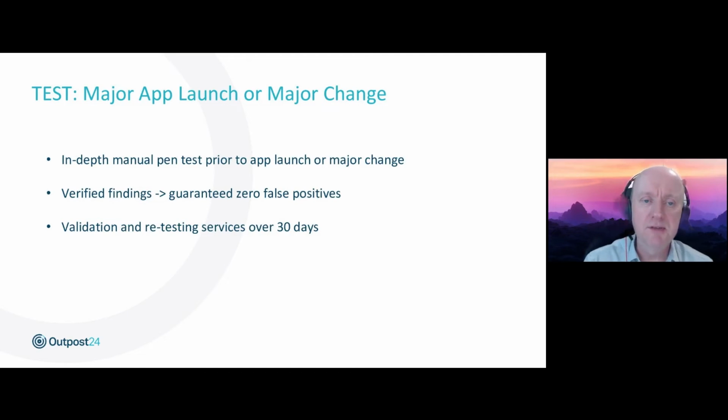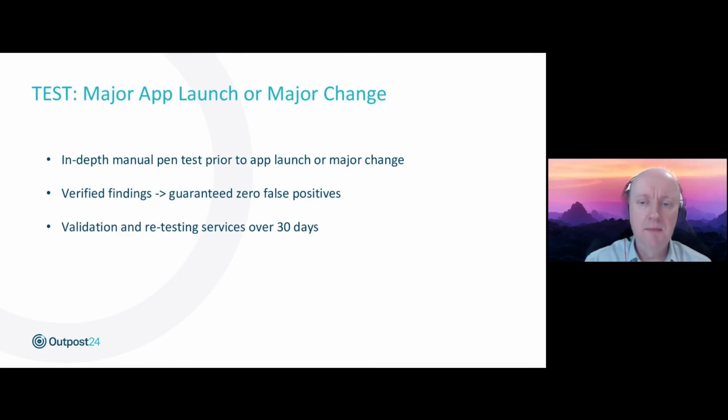And that can mean one of two things: either they do a much smaller test and potentially miss critical vulnerabilities, or it delays the release of a product and the whole project because we're having to wait for those skills to be available.